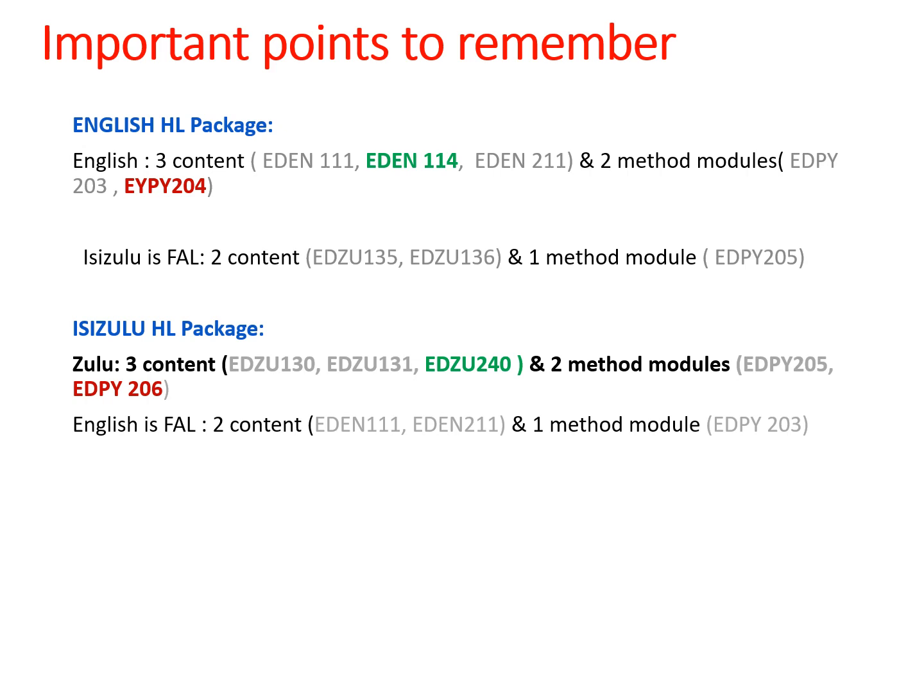Now, on this slide, it is critical to note that if you're doing a language as home language, there are 3 content modules that you need to complete and 2 method modules that you will need to complete over the 4 years. And for the FAL option, there are 2 content modules and 1 method module that you will complete over the duration of the degree.